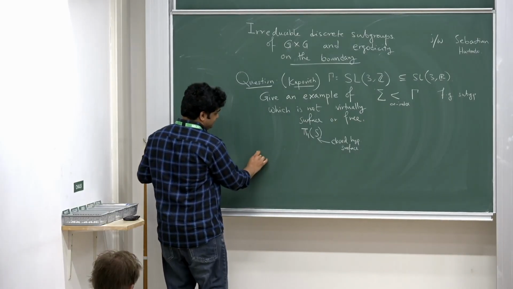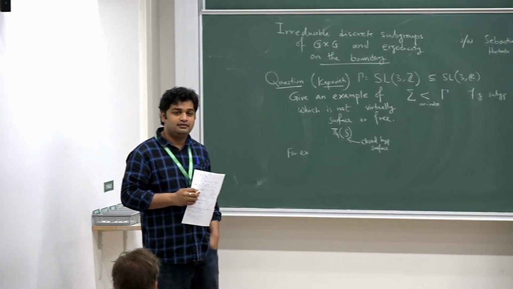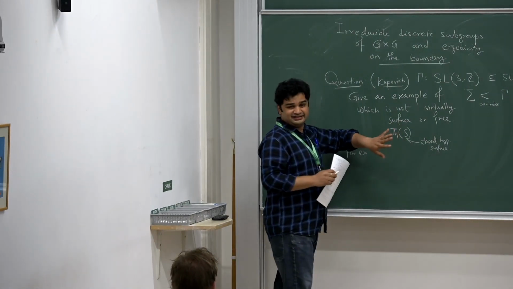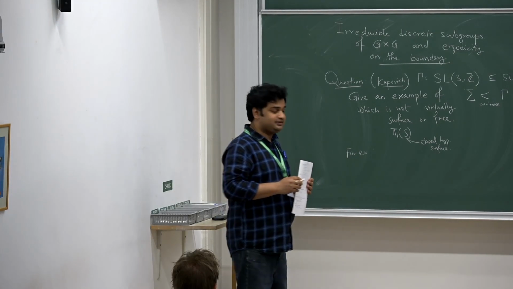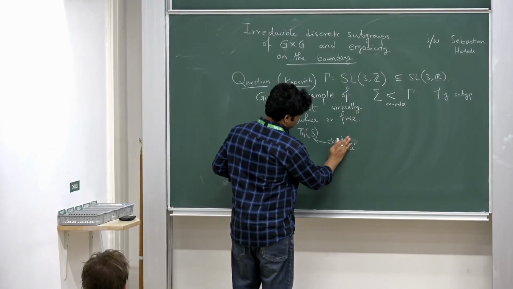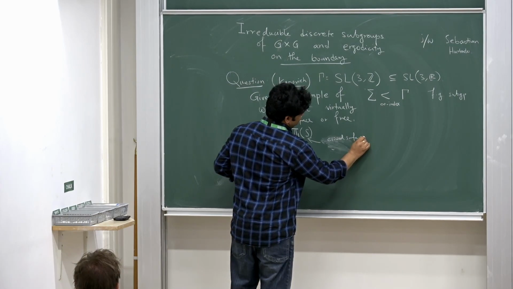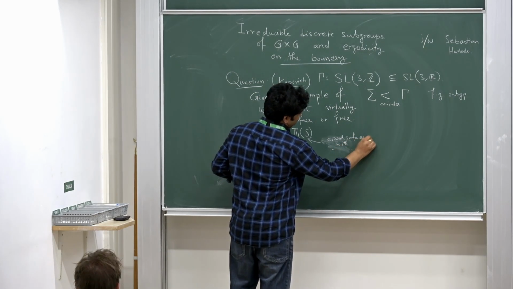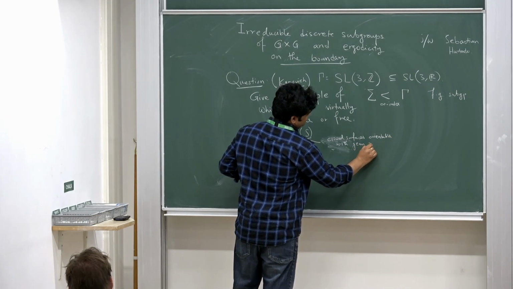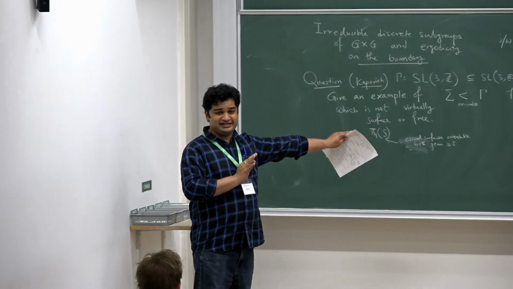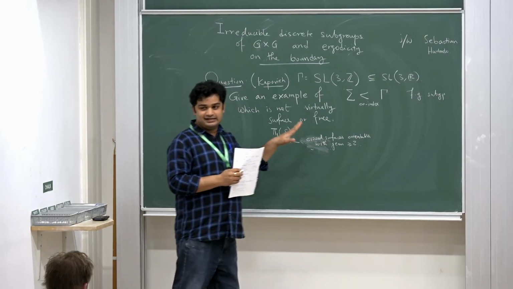I'll consider Z square as an exception. Whenever I say surface group, it always means the fundamental group of closed surfaces which are orientable and with genus at least 2.